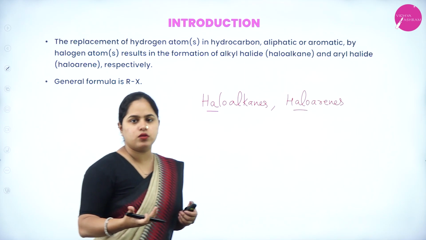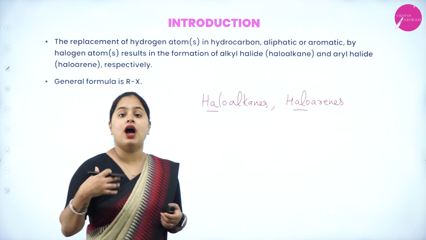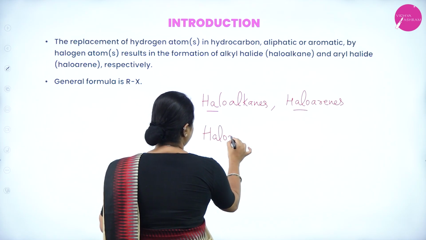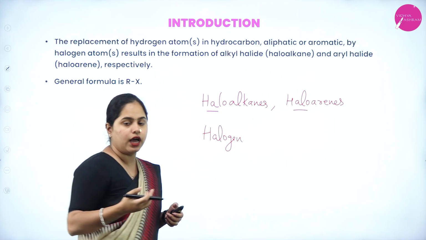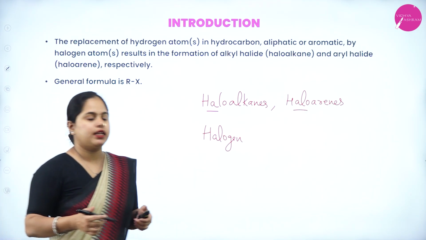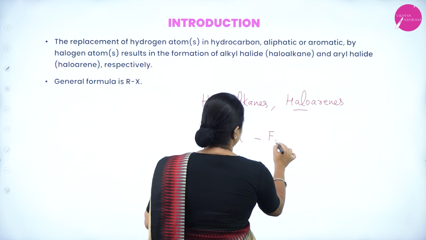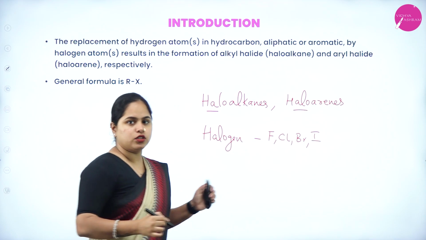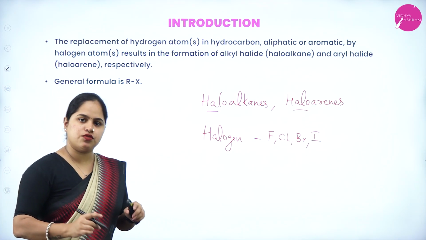So what does this halo stand for? Halo stands for halogen, right? So you're already familiar with what are the halogens, right? So they belong to the 17th group, right? And those are fluorine, chlorine, bromine, iodine, right? So the halo stands for halogen.